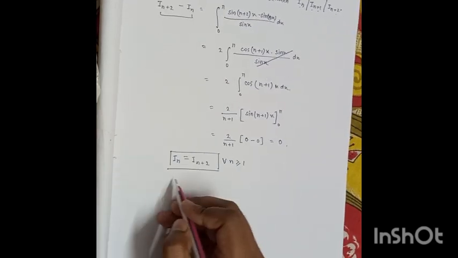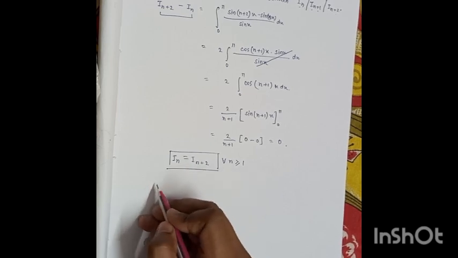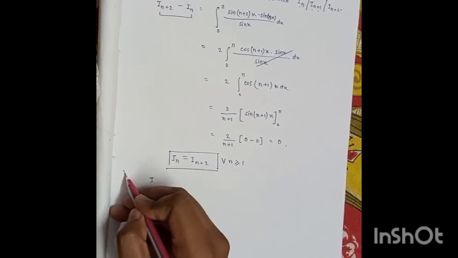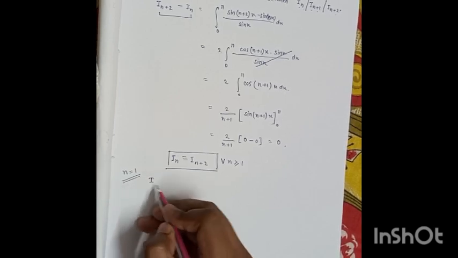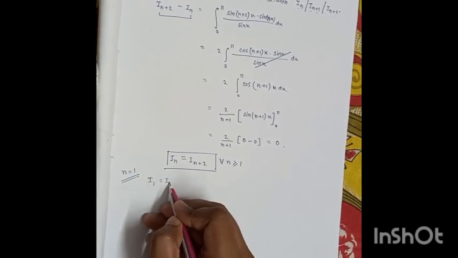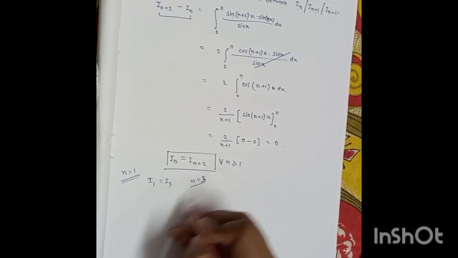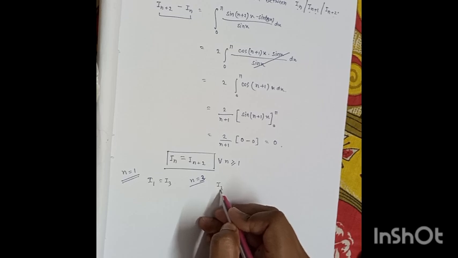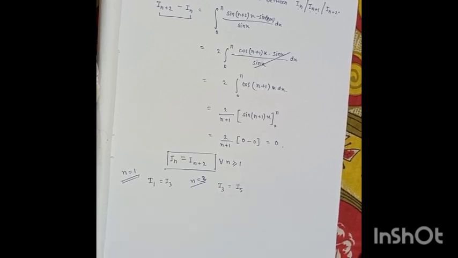So now we know, if we put n equal to 1, what will we get? I1 equal to I3. Similarly, if we put n equal to 3, it will become I3 equal to I5.